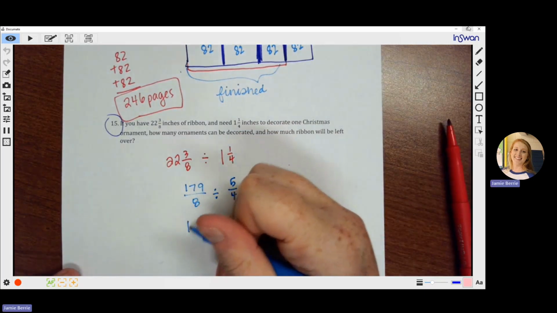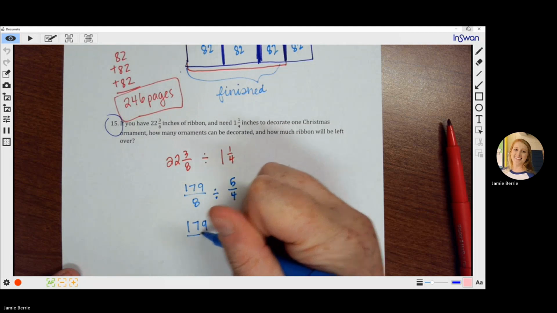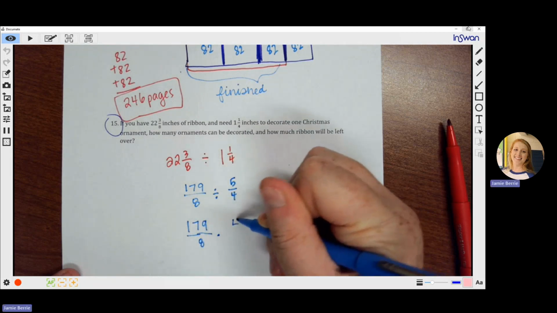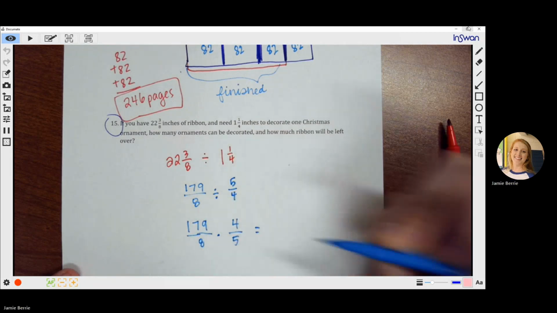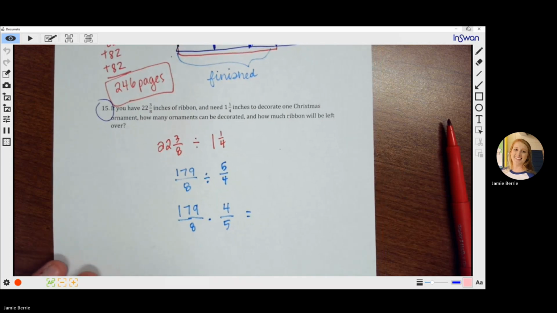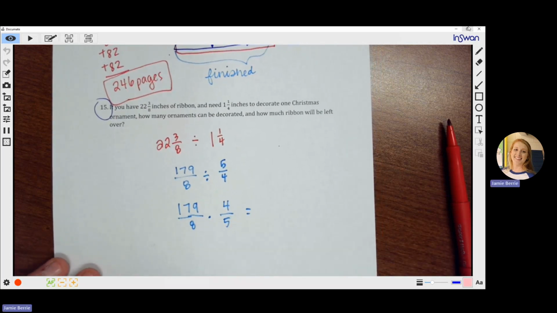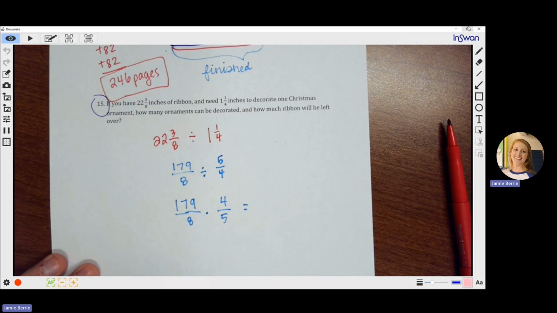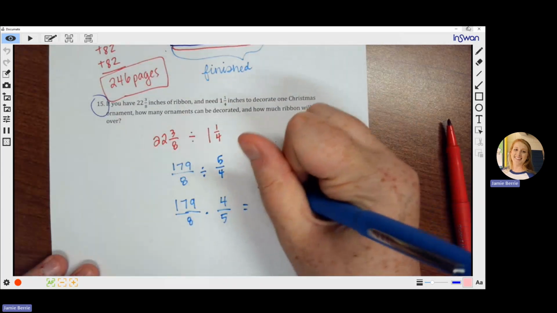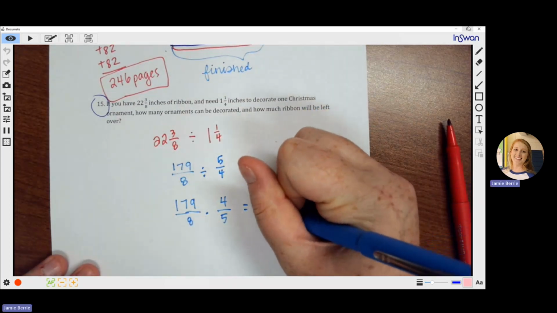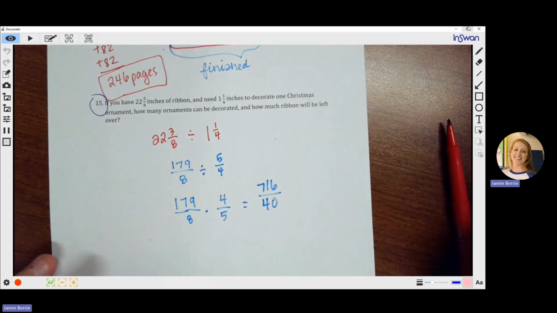Right, now you're going to do keep, change, flip. So now multiply that. 179 times 4 is 716. 8 times 5 is 40.